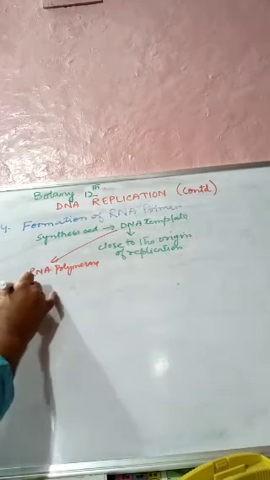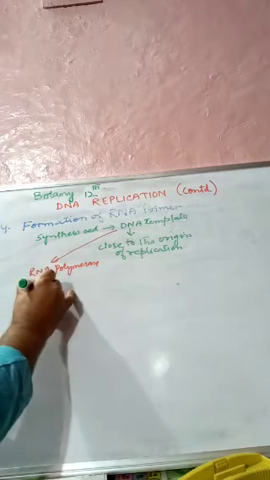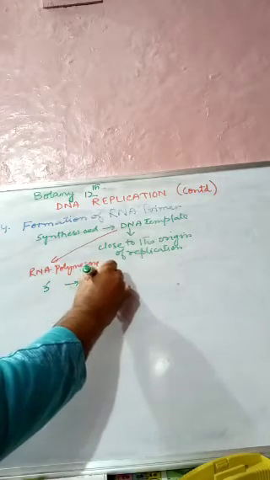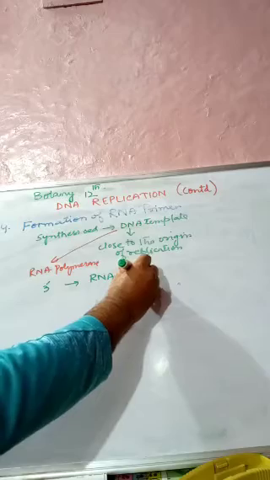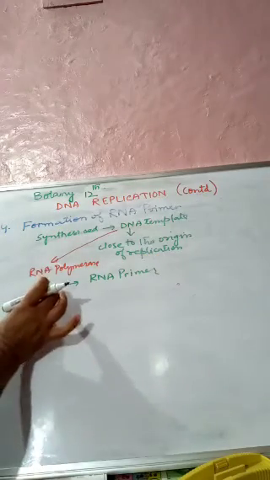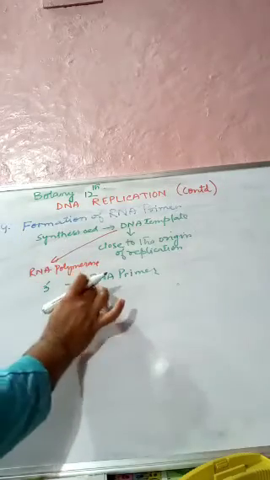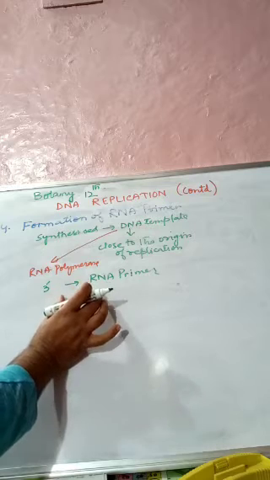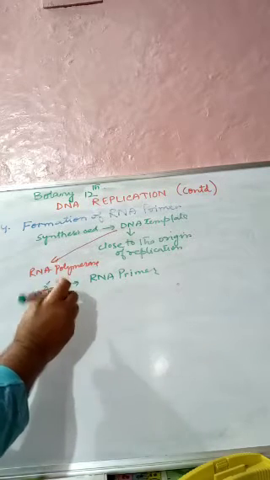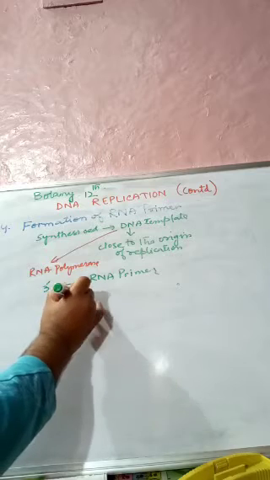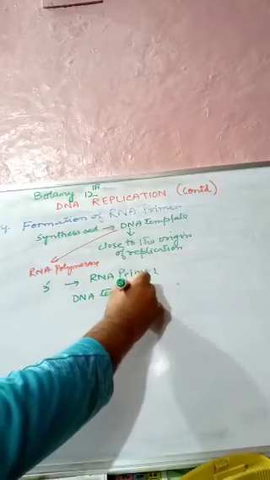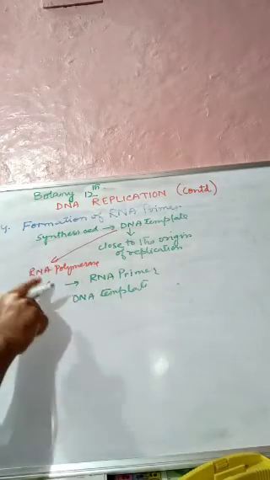Now deoxyribonucleotides are added to the 3' end of the RNA primer, and the main DNA strand is synthesized on this DNA template.